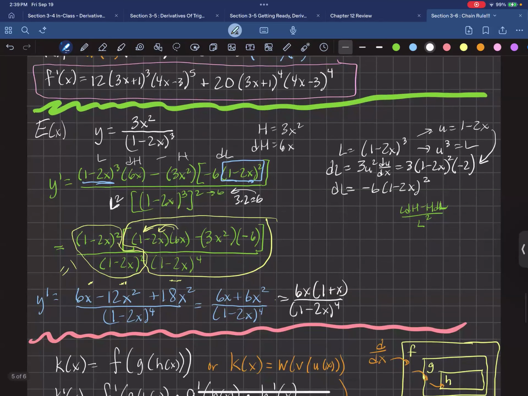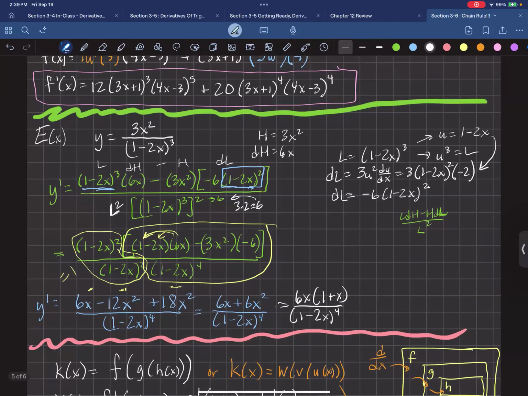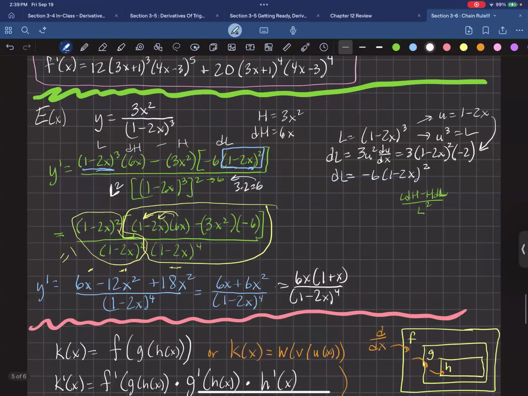So, upgrade. What if we have something inside another something inside another something? This is like function inception. I have h of x inside of g, which is inside of f. So if I do the box analogy like I did earlier, I start on the outside, take the derivative of f.